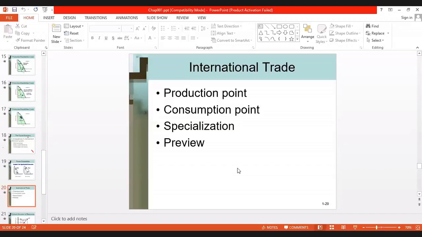We cannot attain this from our own resources, but we can consume it because of trade. We will study international trade in detail later.